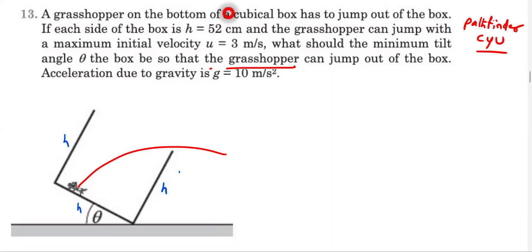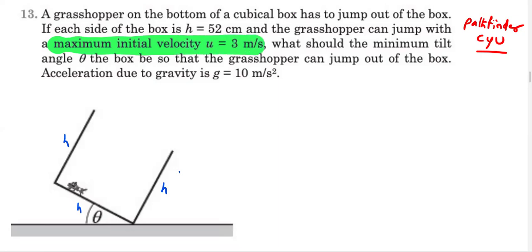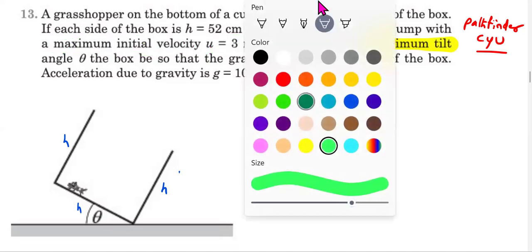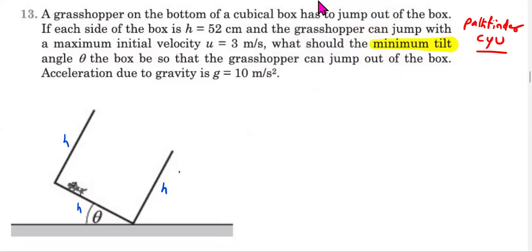So we'll see what ideas come from the maximum initial velocity. And next it is telling minimum tilt. These two are very important words which will determine how we should think about the problem. I'll underline them.